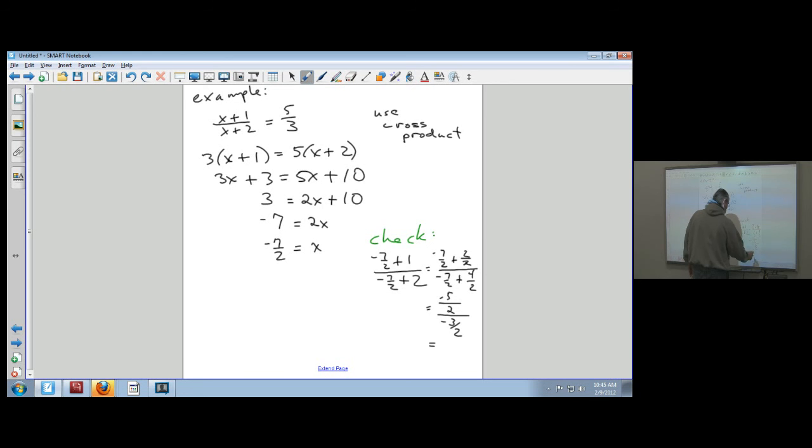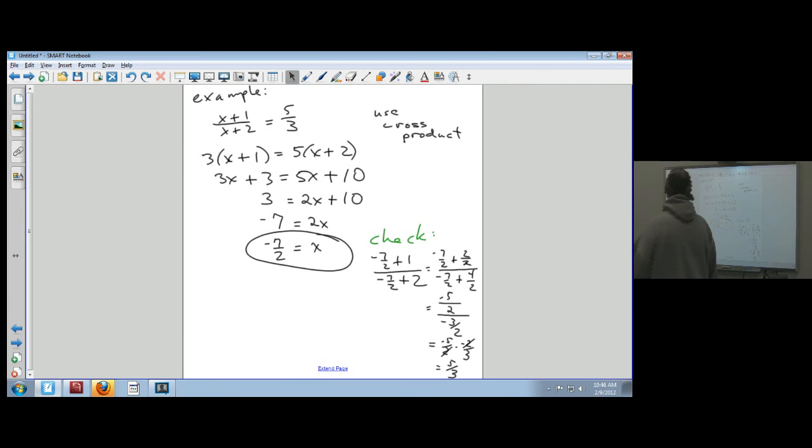The 2's cancel because whenever we divide fractions, if you'll remember, we multiply by the reciprocal. The 2's cancel, the negatives cancel, and we end up with 5/3, which is exactly what we have right here. So this works, therefore, there is our answer. So we can use this process to solve so many types of proportions.